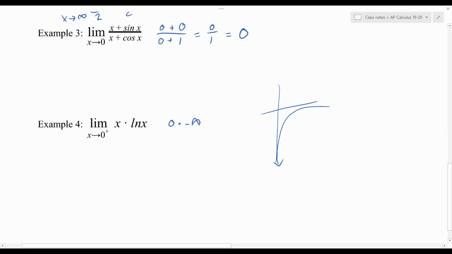So we have 0 times negative infinity. We don't know what to do with that. So we want to try and get it into a form where we can use L'Hopital's rule. We can't do that now because we don't have a fraction. Let's see if we can make this into a fraction.